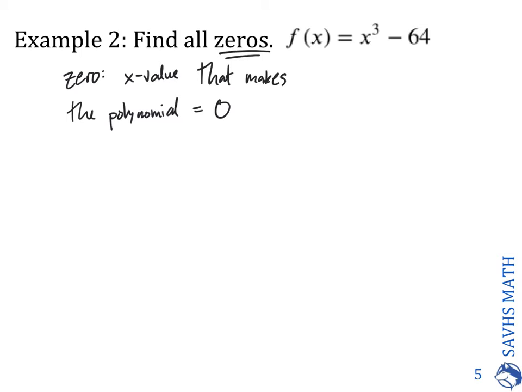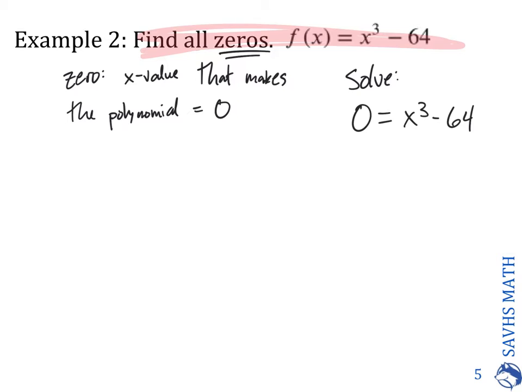So this is not a different problem than saying solve the equation 0 equals x cubed minus 64. Even though it uses very different words, it's really the same question. I just want you to know that that's true.